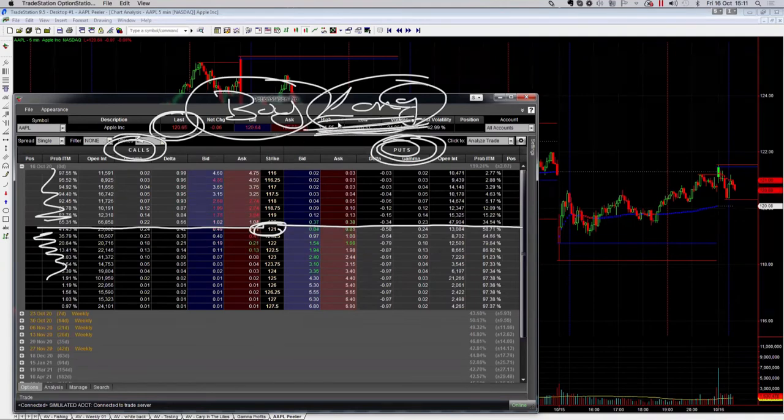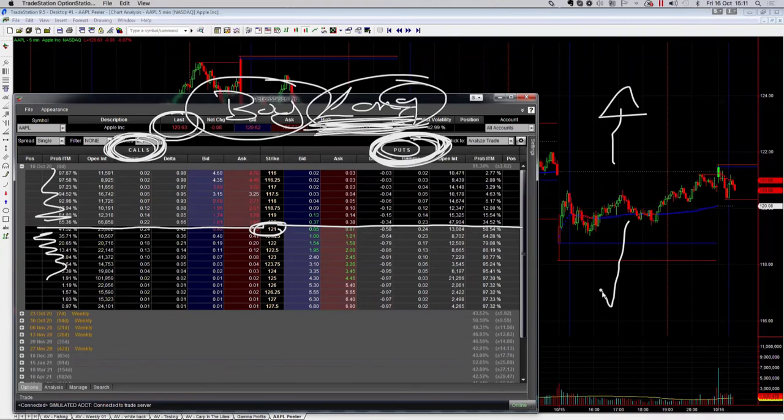Never, never, ever sell options until you know what you're doing. So, emphasizing it for impact: buying calls would be like buying 100 shares. Buying puts will be like shorting 100 shares.